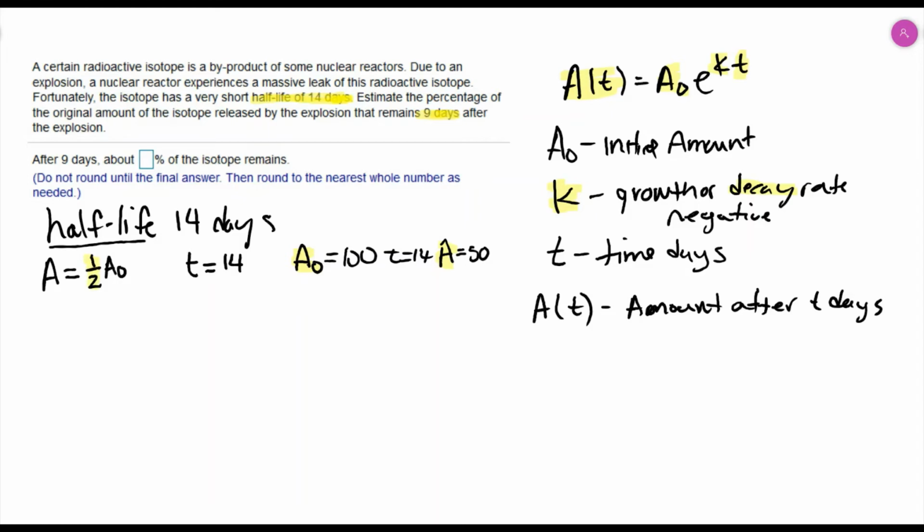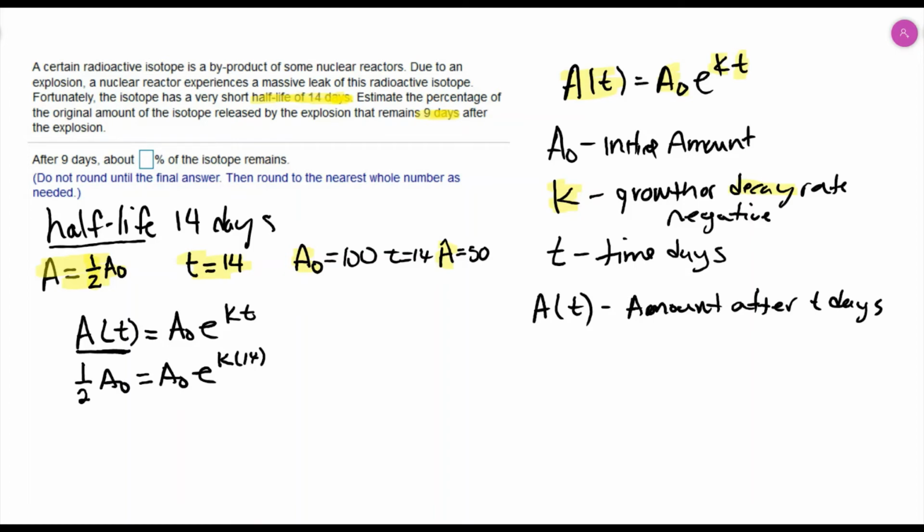So we're going to take our formula, A of t equals A naught e to the kt, and substitute these two pieces of information into that formula. Having a half-life means that my A of t is going to be half of my starting amount and a time of 14 days.